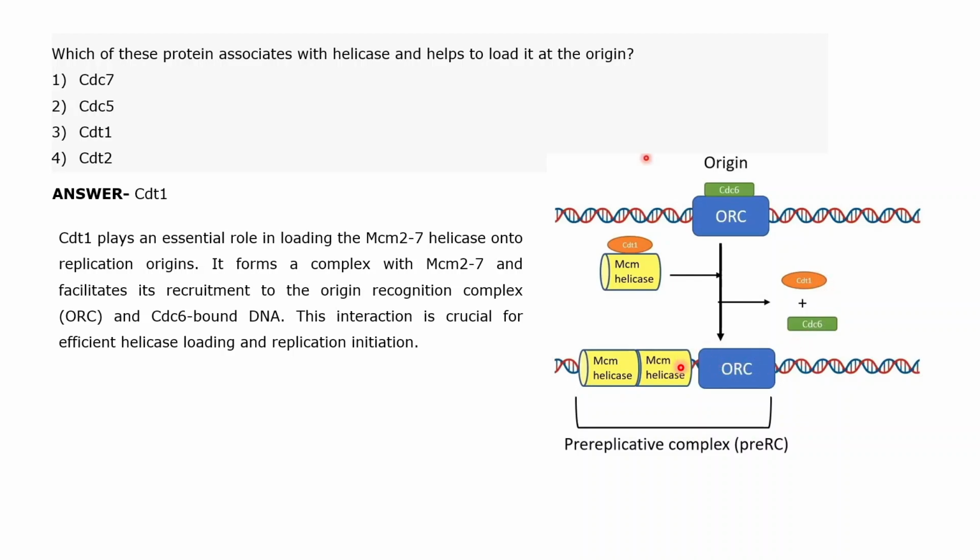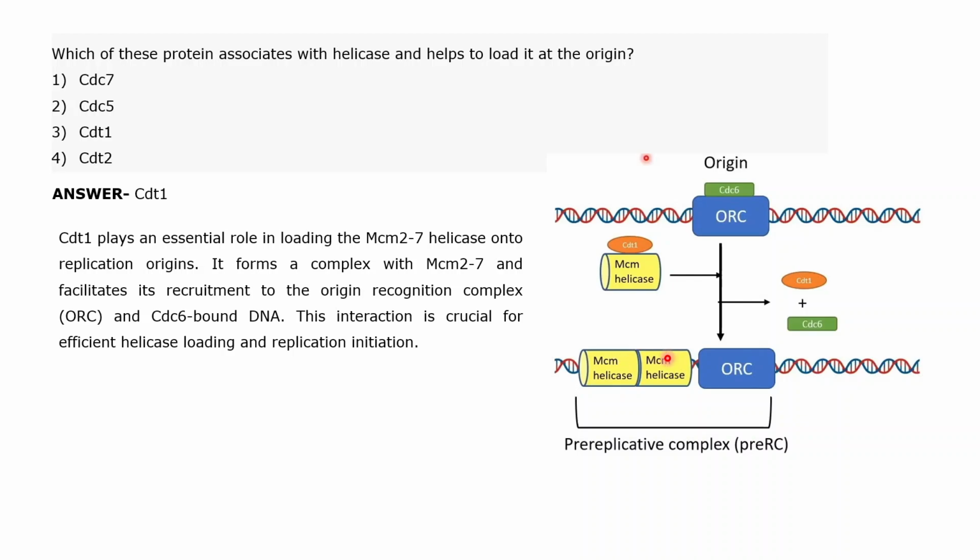So one MCM helicase is bound to one side of the origin of replication complex, while the other one binds to the other side. Both move in a unidirectional manner in opposite directions, so that the replication bubble is initiated starting from the origin of replication. So there are MCM 2 to 7 helicases, about 6 helicase subunits present here.